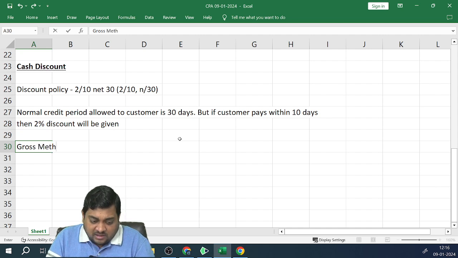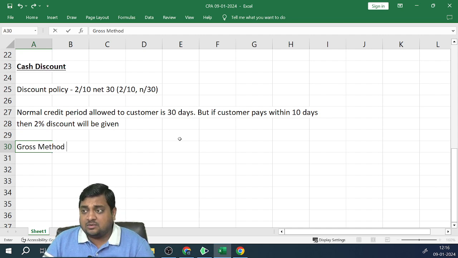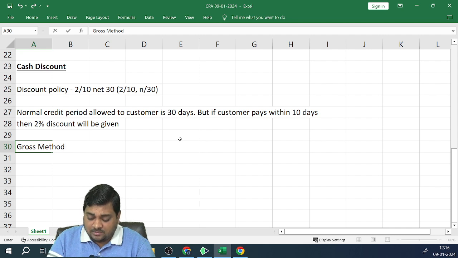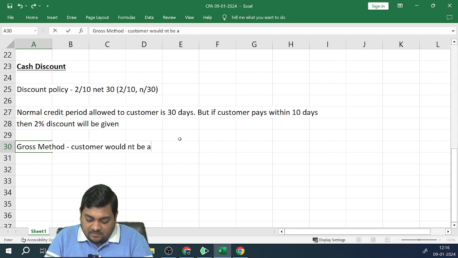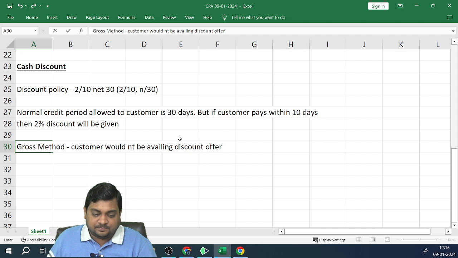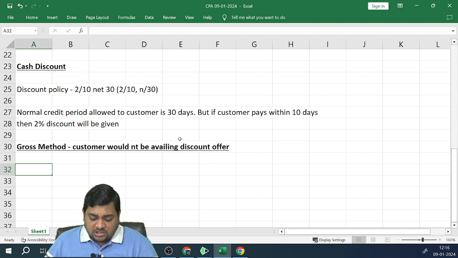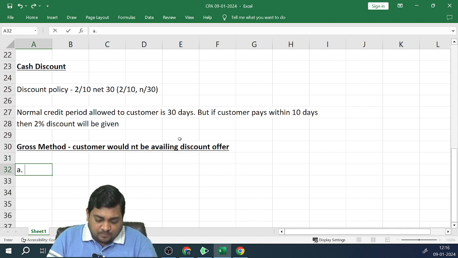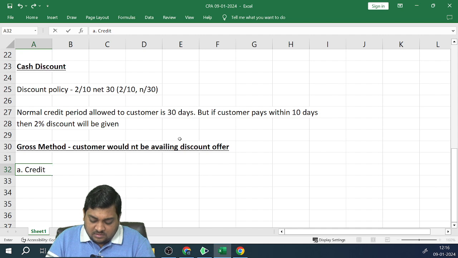One is the gross method, right? We are assuming that the customer won't be availing the discount. So under the gross method, we are assuming that the customer would not be availing the discount offer, right? This is the gross method. So when we talk about the gross method, what entry are we going to make for credit sales?